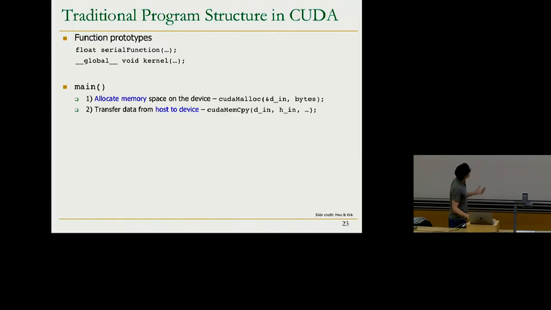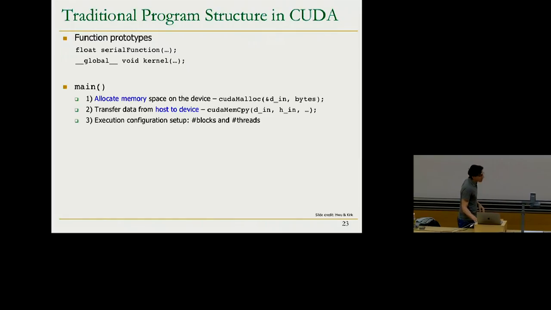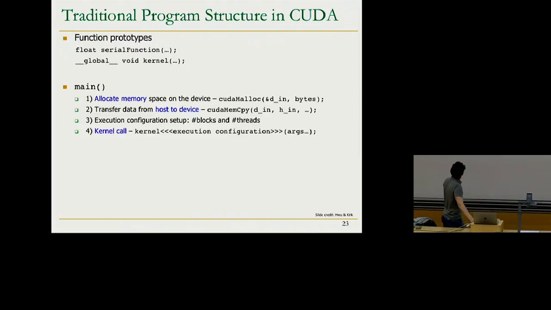We use cudaMemcpy, and then we have to decide what the execution configuration is. When we talk about the execution configuration, we talk about the number of threads per block and the total number of blocks in the grid. Then we call the kernel, and when the kernel finishes, we retrieve the results from the GPU memory to the CPU memory.